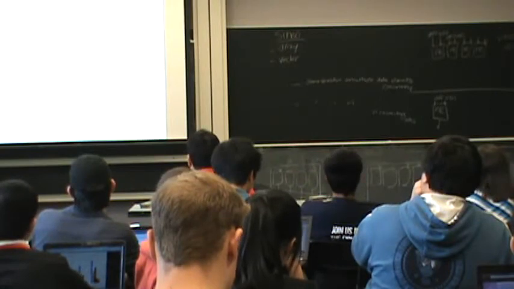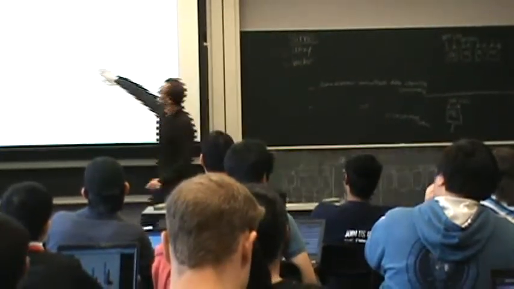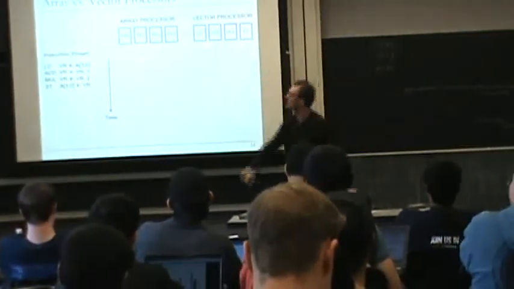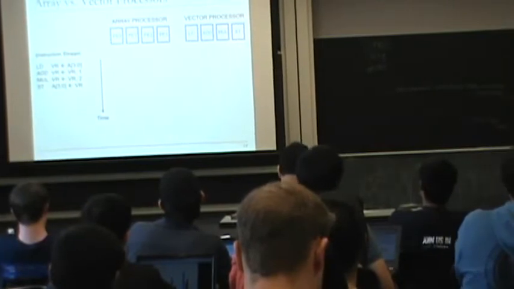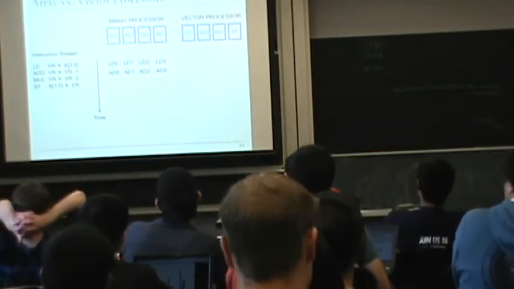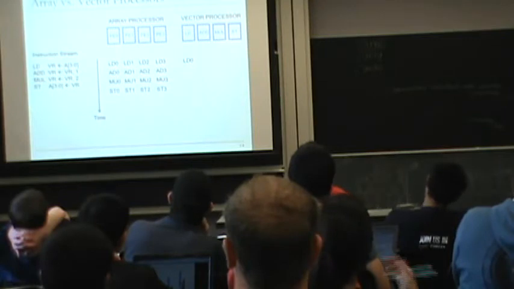If you look at this, this is essentially showing an array processor. Each processing element can do everything, and you do the same op on multiple elements at the same time. You do 4 loads on 4 different elements, and 4 adds on 4 different elements, 4 multiplies on 4 different elements, 4 stores for this program. Whereas in a vector processor, you do the load of the first element in the first cycle.